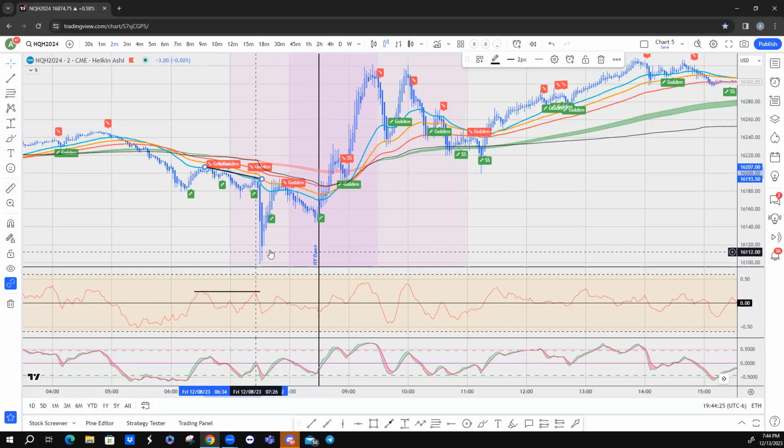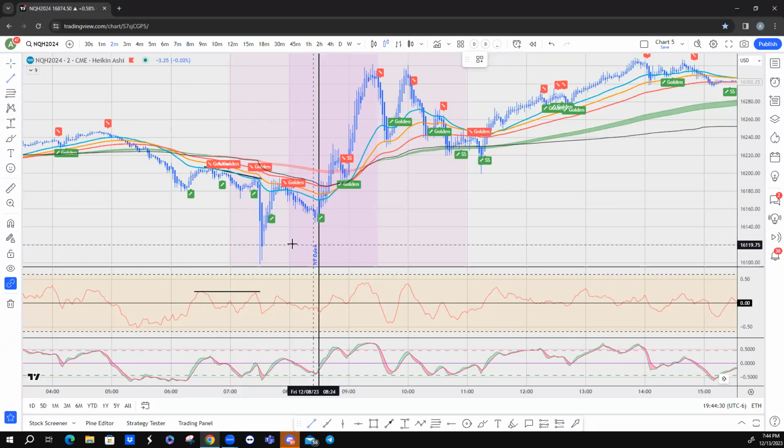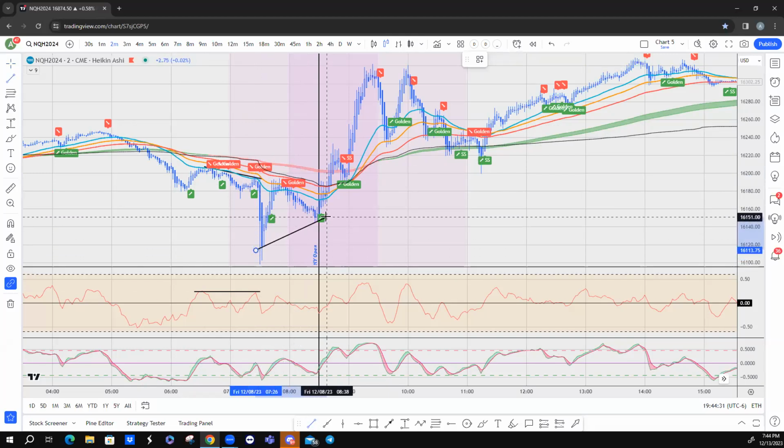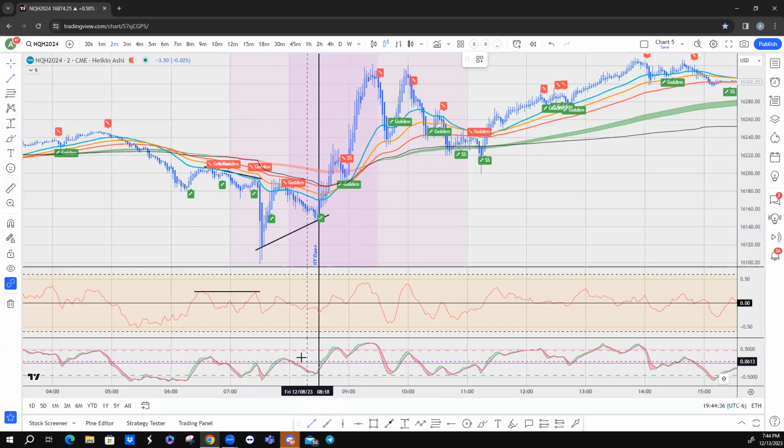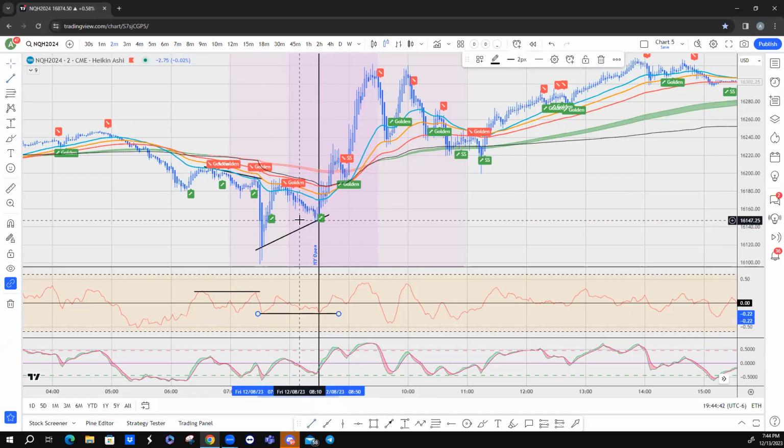I am going to say if there's a divergence here, which there is. I tell you, man, these things are strong during these times. We have one right here that is equal lows once again, and that is also a pattern. And here you don't have a golden signal.